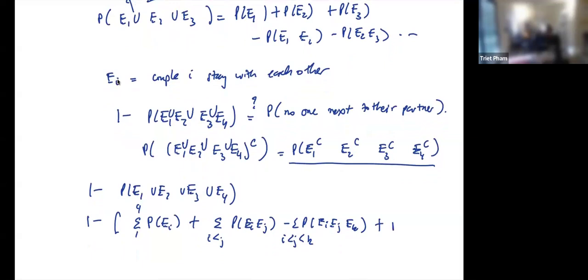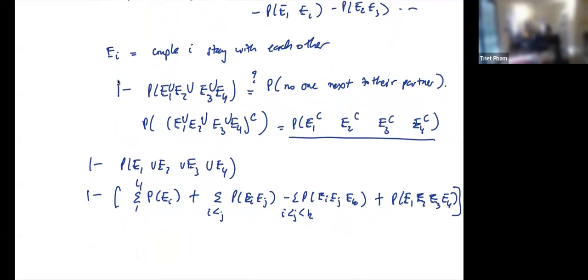And then, because this is only 4 events, we can do the last one like this. So that's inclusion-exclusion at the 4-set level.